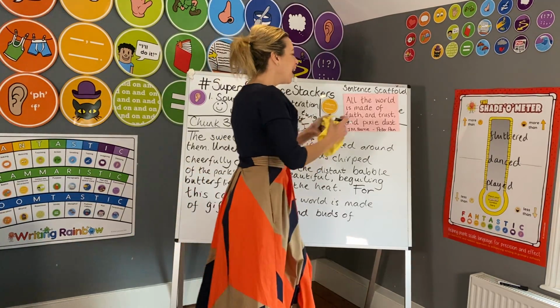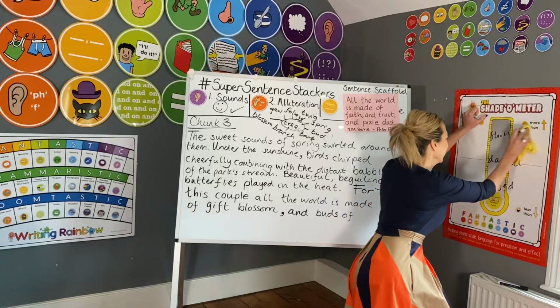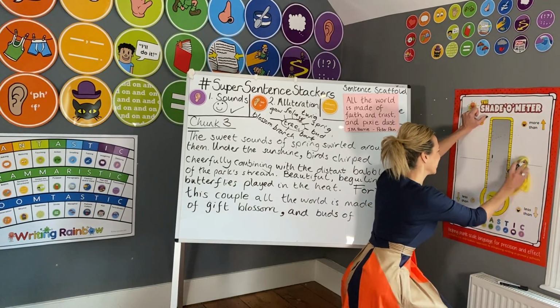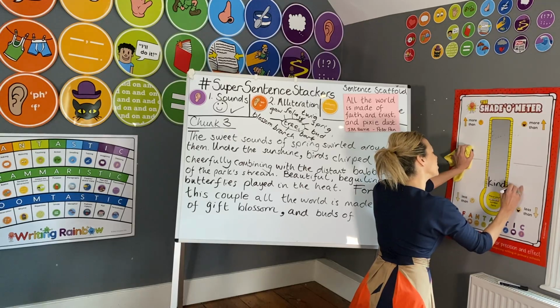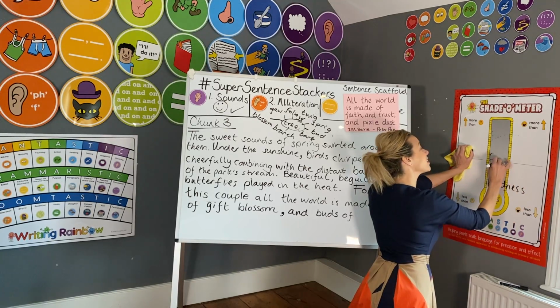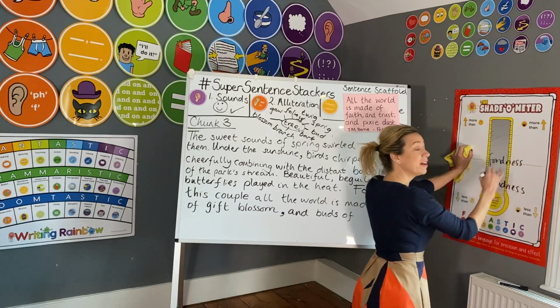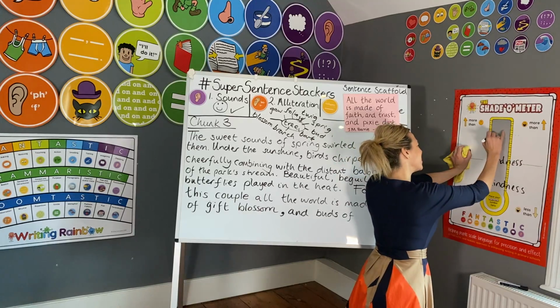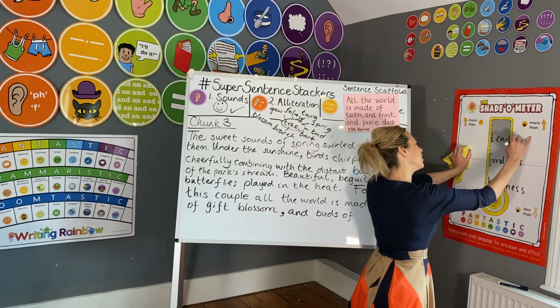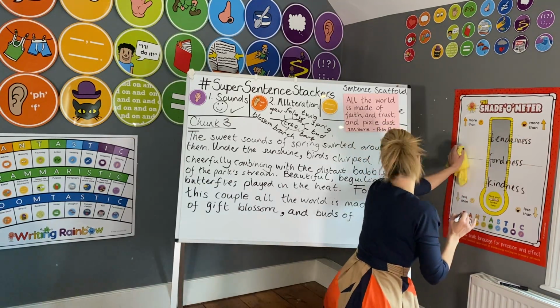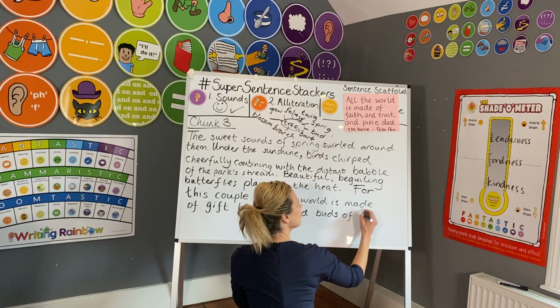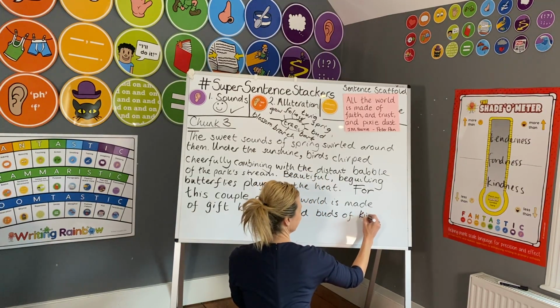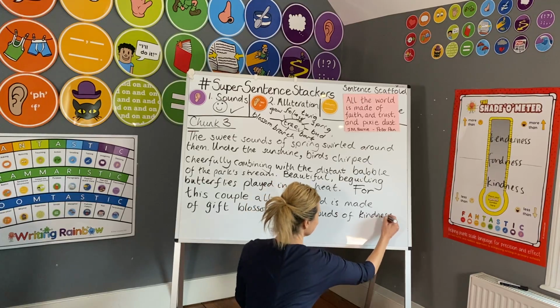I'm going to do some thesaurus thinking to check out if this is the precise word I need. Let me have a little think. Kindness. Fondness. In that synonym family, tenderness. Oh. And buds of, oh, kindness. Oh, that's nice.